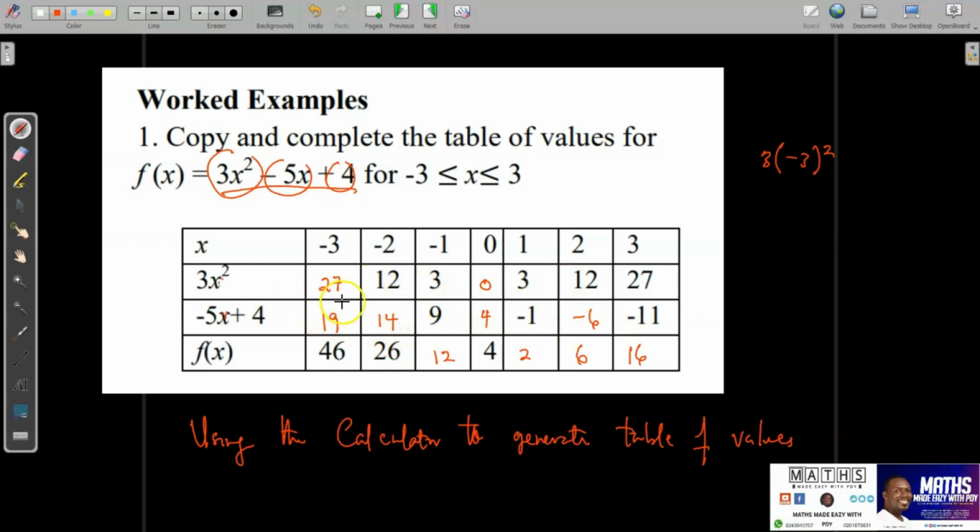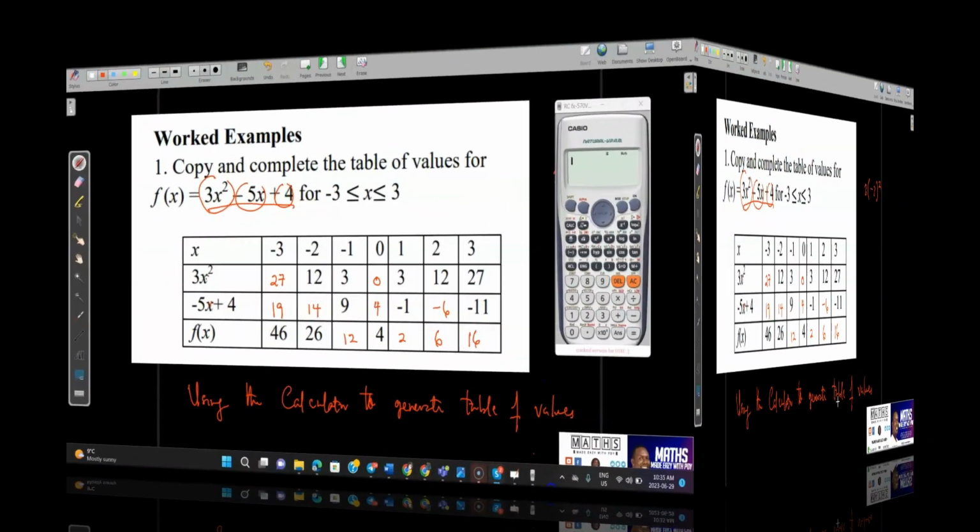And you are not limited as to what method to use or how to generate your table of values. So you can work smart by using the calculator. So that's what I want to show you right now. Let me go call for my calculator.